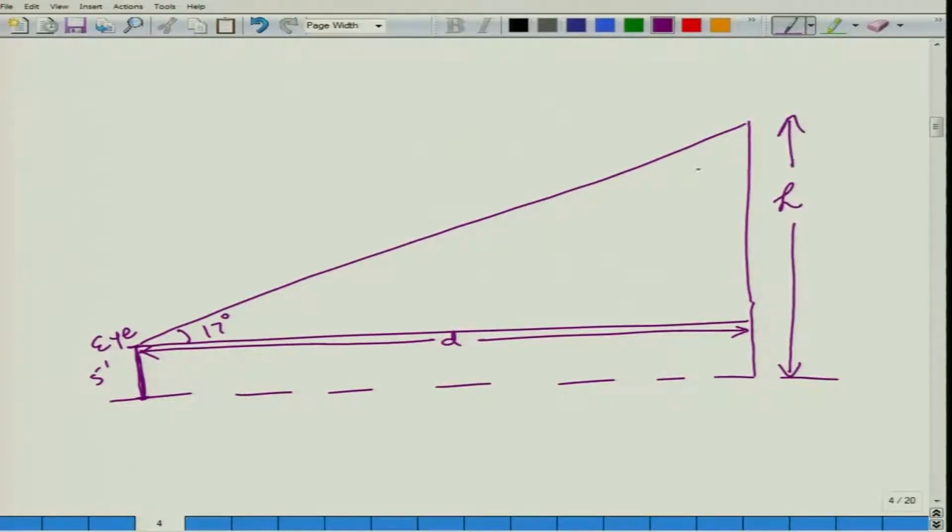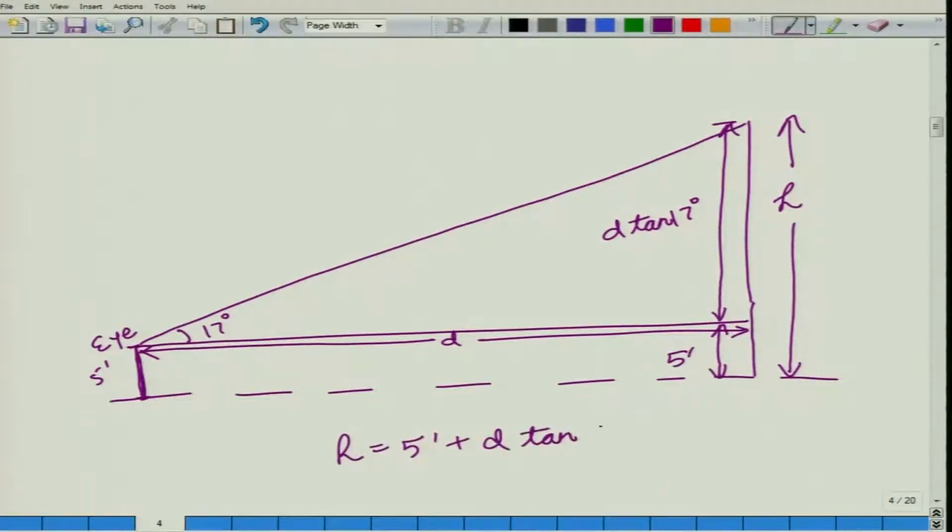Now, the height of the tree would be in two parts. This portion is equal to d tan 17 degrees and this portion is equal to 5 feet. So, we get h is equal to 5 feet plus d tan 17 degrees.